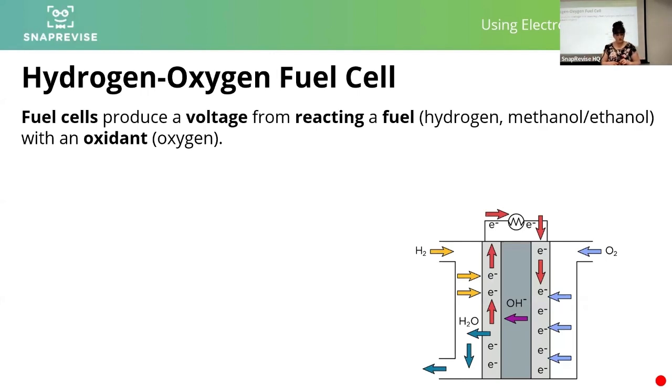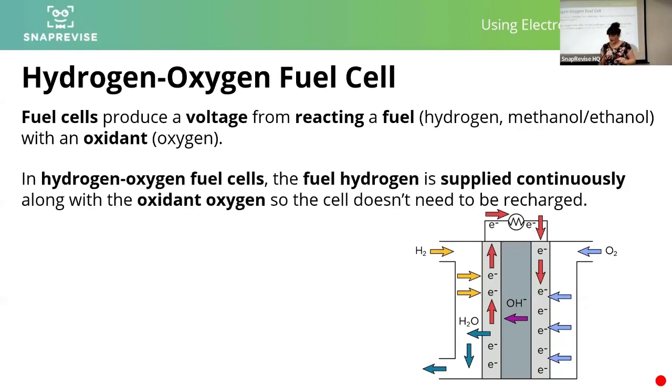Fuel cells produce a voltage from reacting a fuel, which is usually hydrogen in a hydrogen oxygen fuel cell, but you can have other fuels in other fuel cells, such as methanol or ethanol, with an oxidant, something that can oxidize, i.e. oxygen. In hydrogen oxygen fuel cells, the fuel hydrogen is supplied continuously along with the oxidant oxygen, so the cell doesn't need to be recharged.